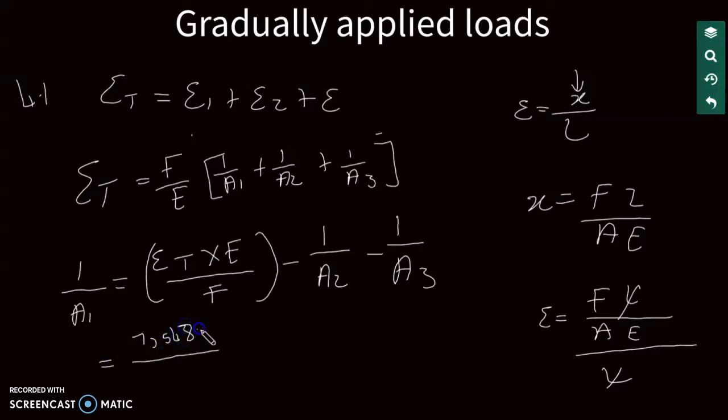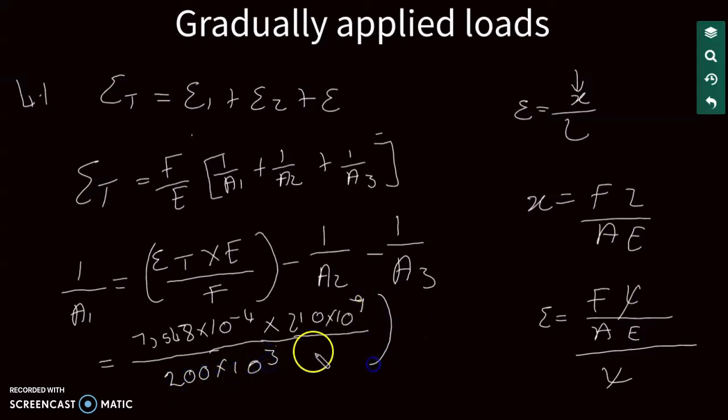7.548 times 10 to the power negative 4 times our Young's modulus, which is 210 times 10 to the power 9, divided by our force. What is the magnitude of our force? Our force is 200 times 10 to the power 3, in brackets.